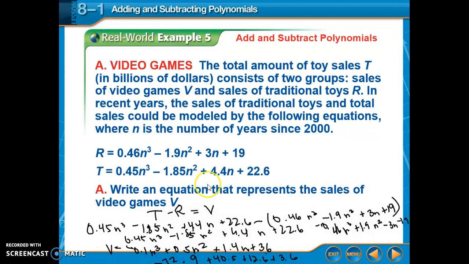This one here should have been 7.29, right? Because when I did 9 cubed, this should have been 0.01 right there. Anyway, so when you do this, negative 7.29 plus 40.5 plus 12.6 plus 3.6, you're going to get a total of $49.41. So $49.41 billion were spent on video games.